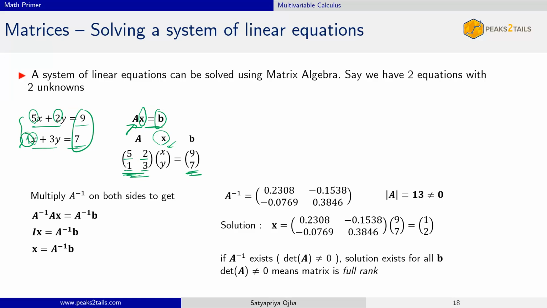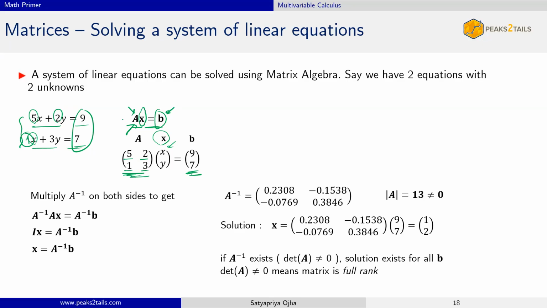The vector is unknown that we want to solve for. B is known. So essentially, A is given. The transformation matrix is given. The transformed vector is also given. You need to find out the original vector. Which vector got transformed to become B, given A? That's what you need to solve for.